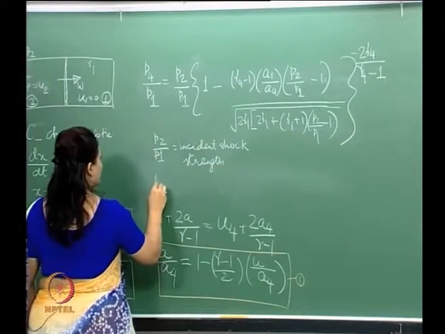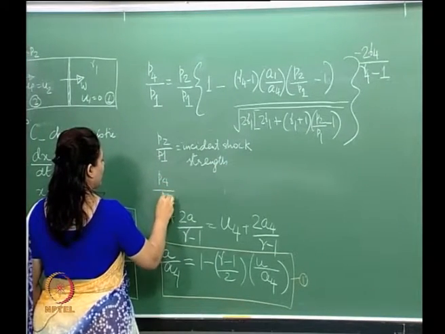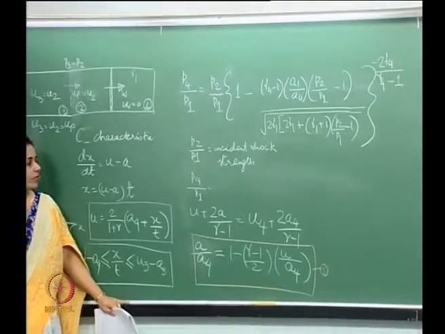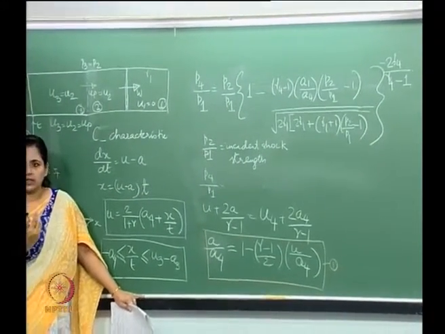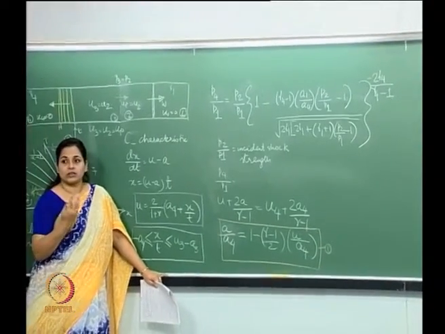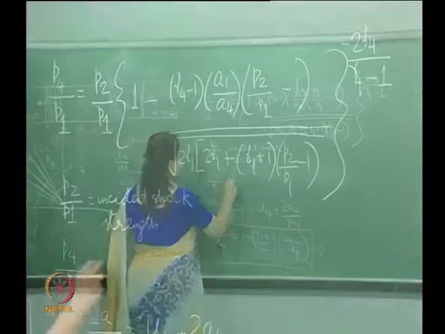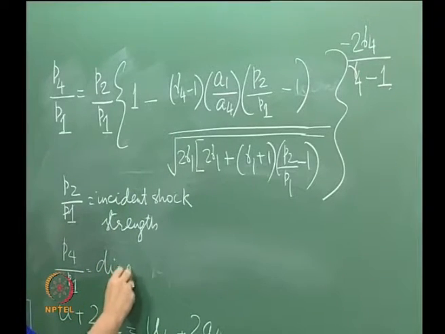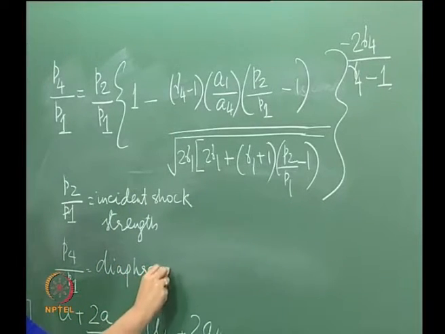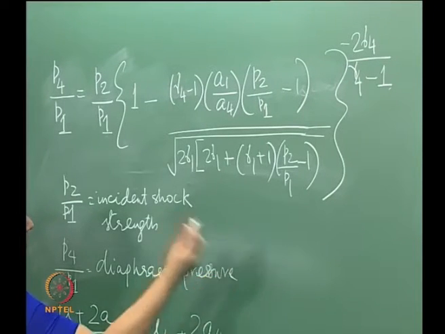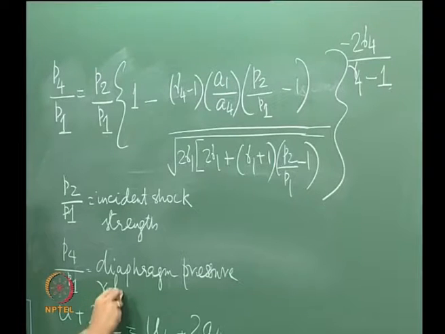And what is P4 by P1? P4 by P1 is essentially the pressure ratio across the diaphragm, so this is the diaphragm pressure ratio.